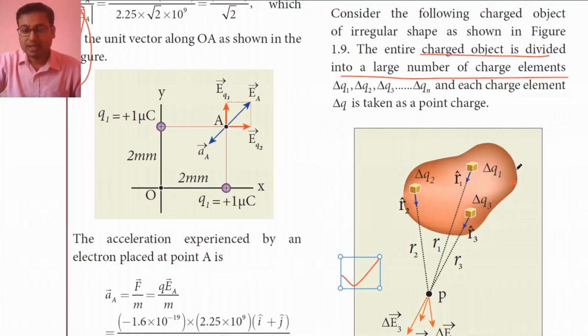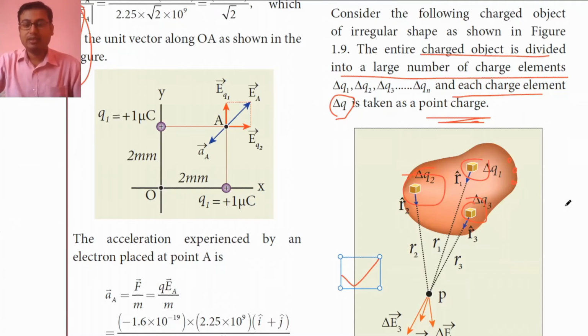We divide it into n number of small and equal regions, which have charges delta q1, delta q2, delta q3 up to delta qn, and each charge element delta q is taken as a point charge. In this situation it becomes very simple to find the electric field at this arbitrary point P because of all the charges lying on the surface of this object.